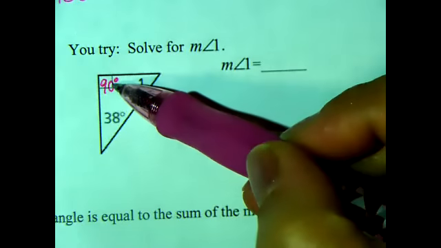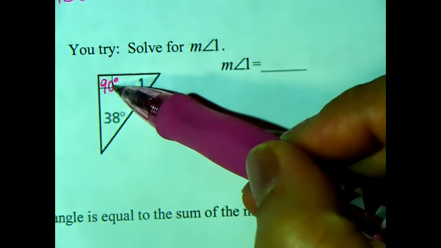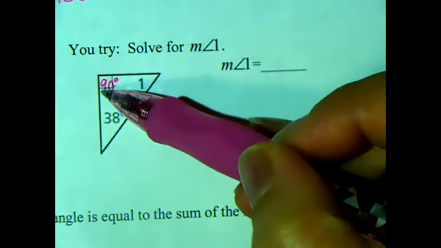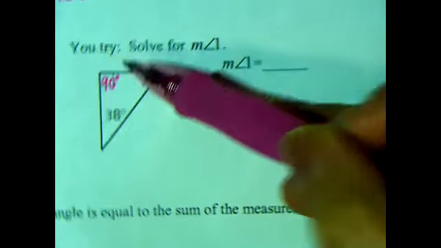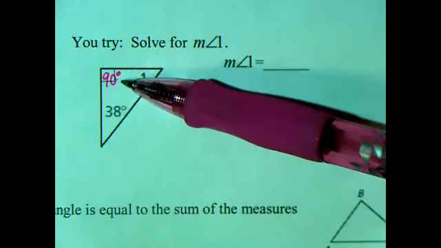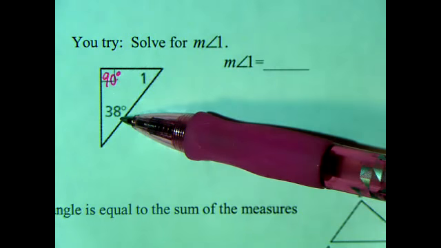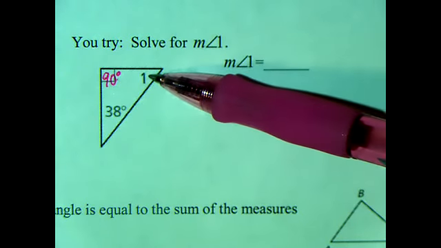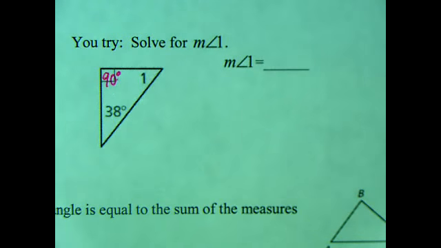So you actually know the measure of this angle. It's 90 degrees because of that box. That's the symbol for a right angle. You know this angle is 38 degrees. You are trying to figure out the measure of angle 1. So 30 seconds, and I want you to try to set up that equation.